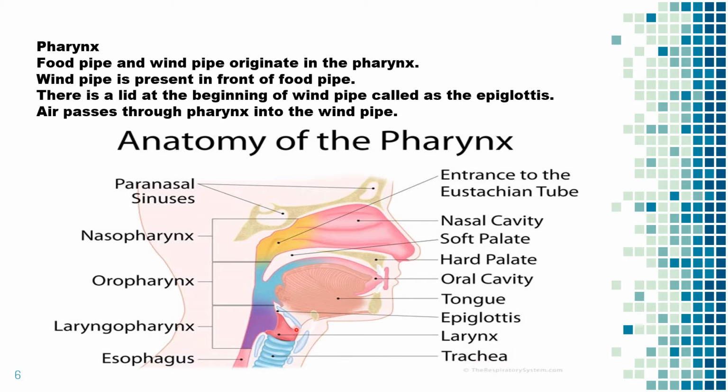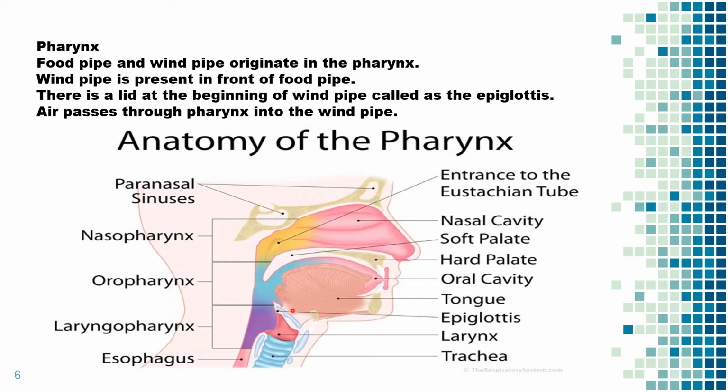There is a lid present at the beginning of the windpipe, and this lid is called the epiglottis. The presence of the epiglottis at the opening of the trachea is very important. Because when we eat the food, the food has to move from the mouth into the pharynx, and from the pharynx it should move into the food pipe.